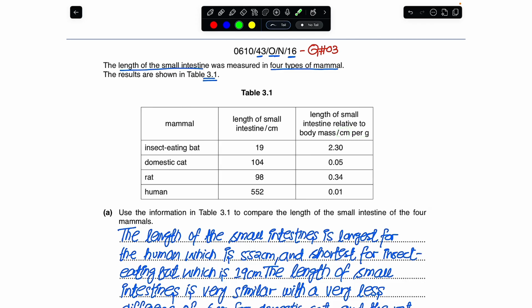And what we can see here is that as the length of the small intestine increases, the length of the small intestine relative to the body mass decreases. So that indicates a negative correlation between the length of the small intestine relative to the body mass.